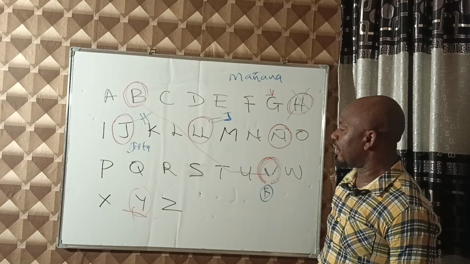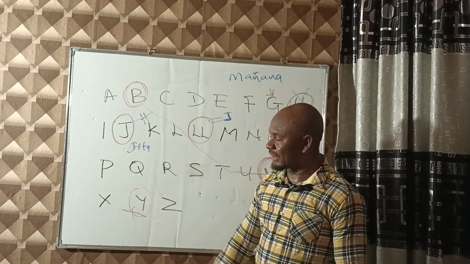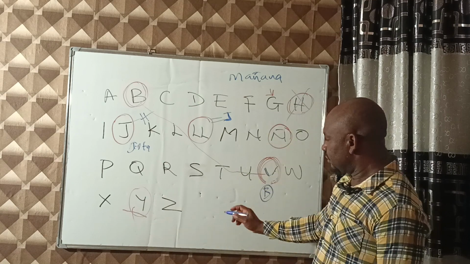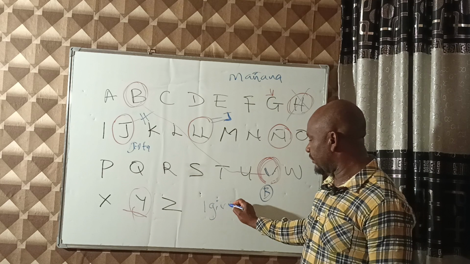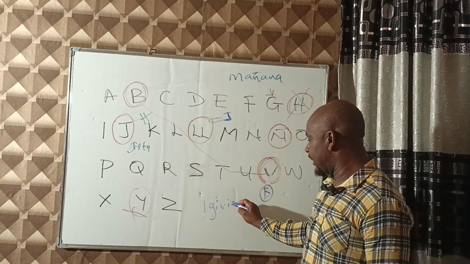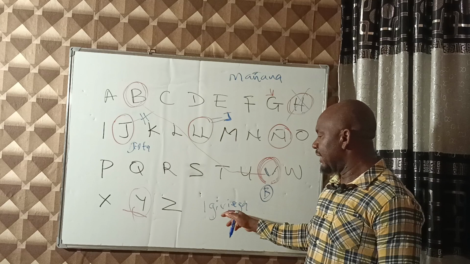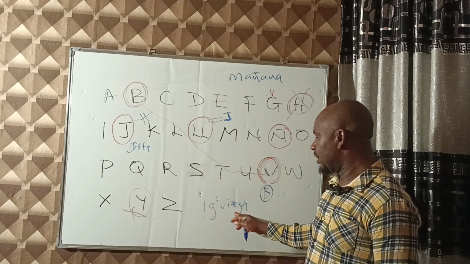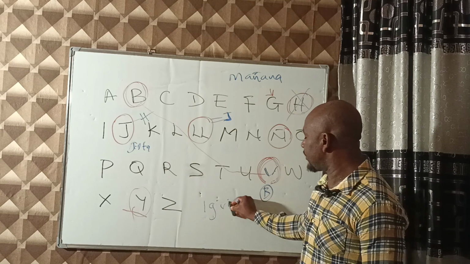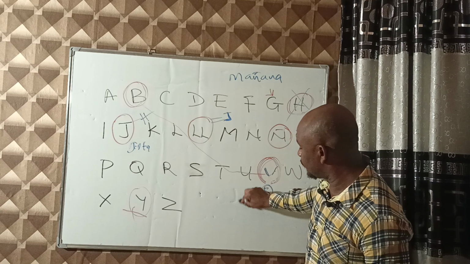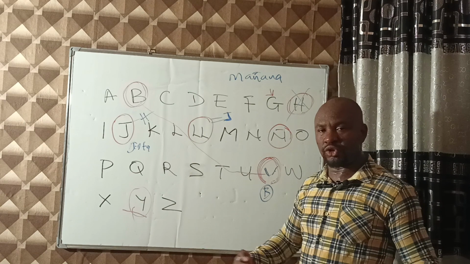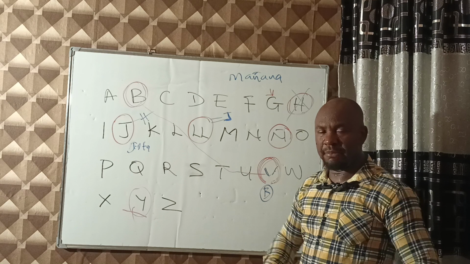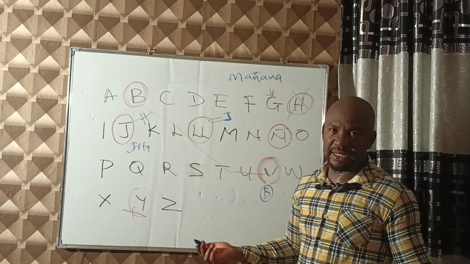That's the one. Okay, we have this letter Y. This is how we spell it. Now, the Y you see here, you can as well throw away the name Y because you don't apply it anywhere.